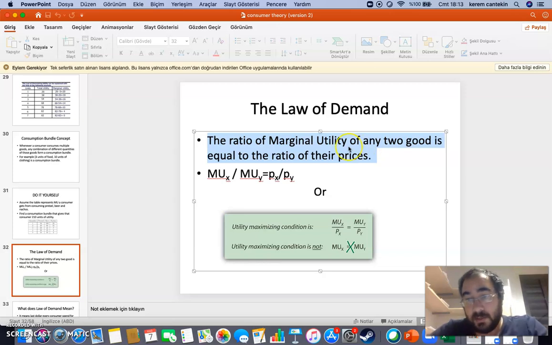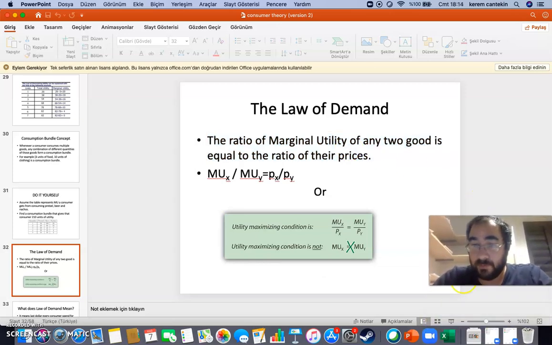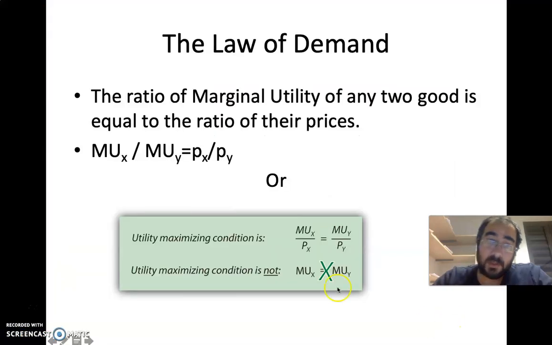Basically, if we talk about the water-diamond products, the price of diamond is higher than the price of water because the marginal utility of diamond is much higher than the marginal utility of water.